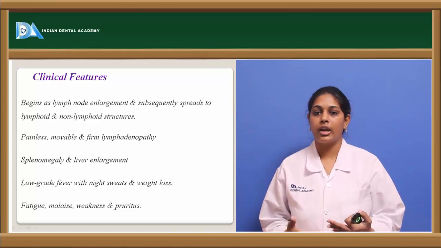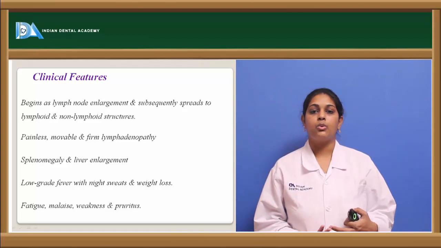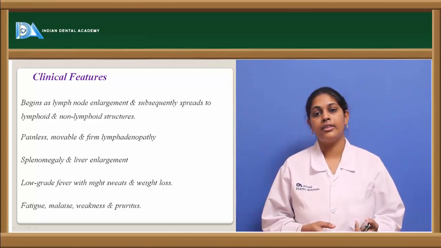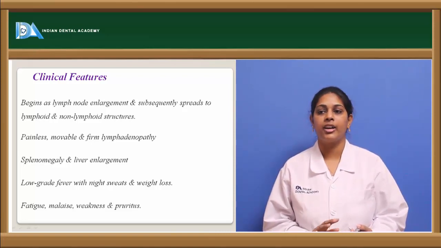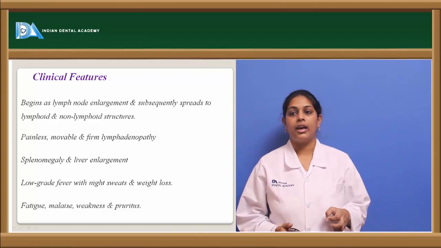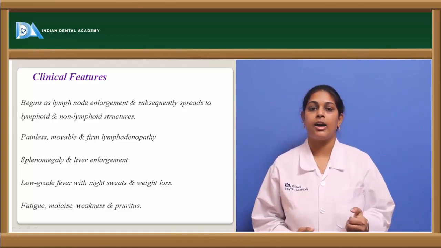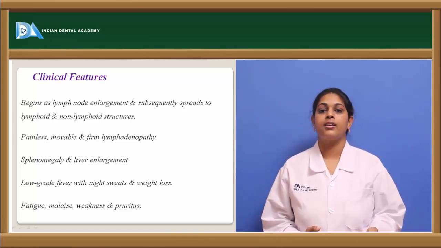So this is what we see in clinical features, and other than that, a patient can present with a painless and movable mass, and the lymph nodes are usually firm on palpation. Other clinical features include splenomegaly, that is enlargement of the spleen, as well as hepatomegaly, that is enlargement of the liver.